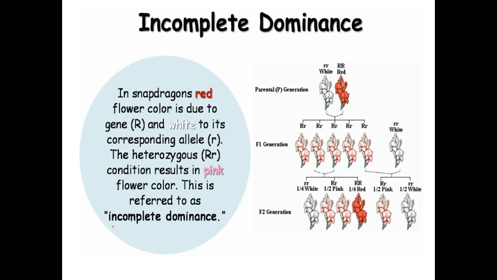Now here's another example. The last example was about purple. In snapdragons, the dominant allele is red. The recessive allele, once again, doesn't make any pigment, so it's always white. But if you have a heterozygous, big R, little r, it'll be pink, because when you dilute red it becomes pink. So that's incomplete dominance.